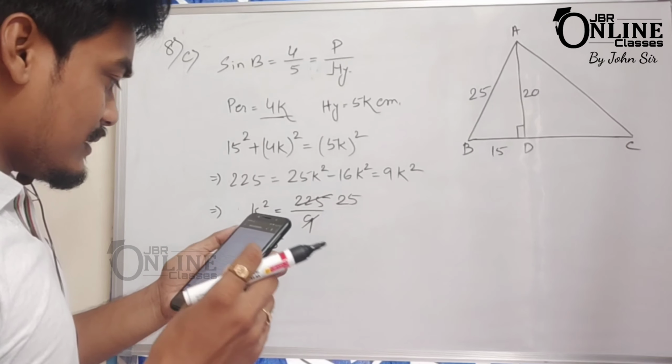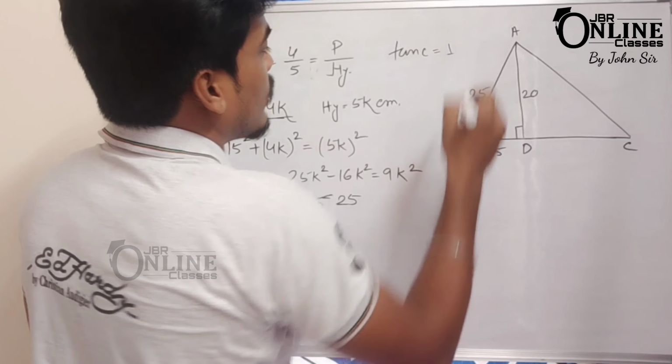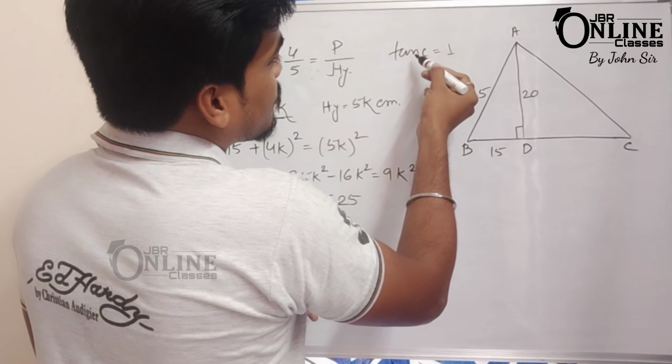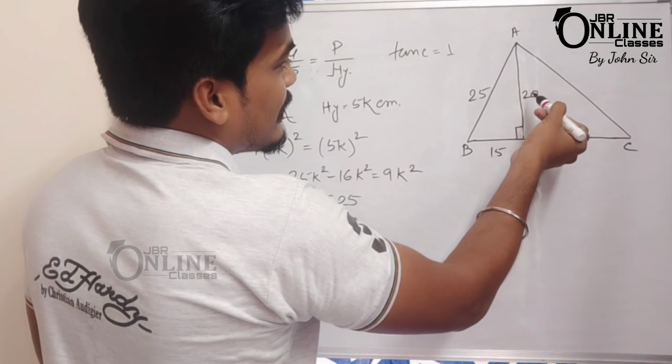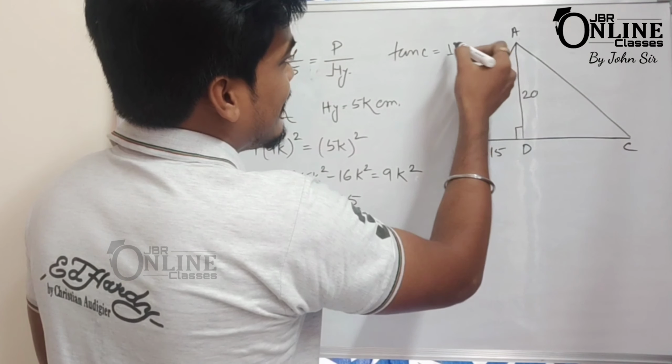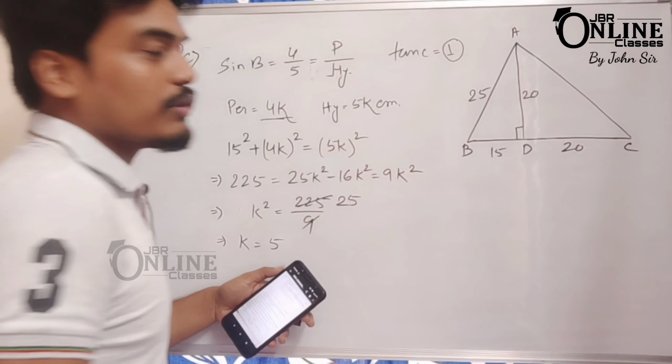Okay, now the next condition, tan C equal to 1. Now you know that the formula of tan equal to perpendicular by base. That means if 20 by 20, then it becomes 1. So that means here value of DC equal to also 20.